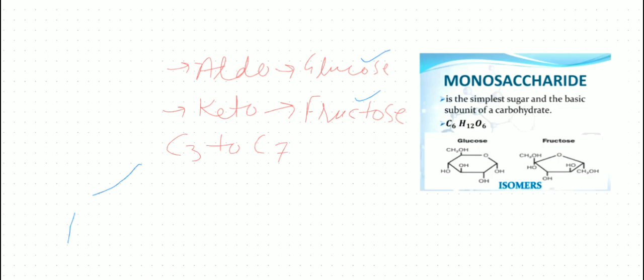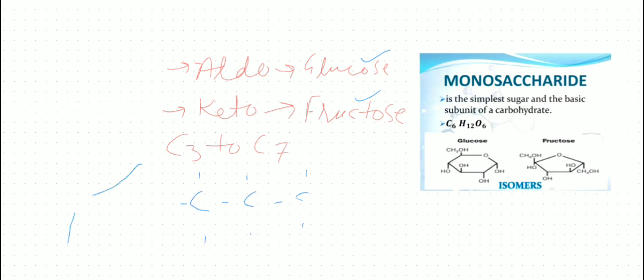Monosaccharides are those carbohydrates which are known as simple sugars because they are made up of a 3 carbon to 7 carbon chain. They are sweet in taste. They are completely soluble in water. They are not further hydrolyzed into smaller carbohydrates.